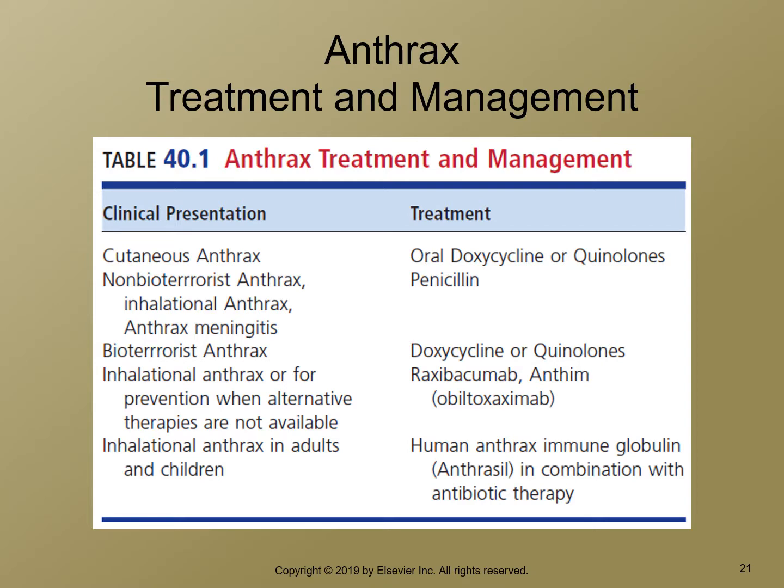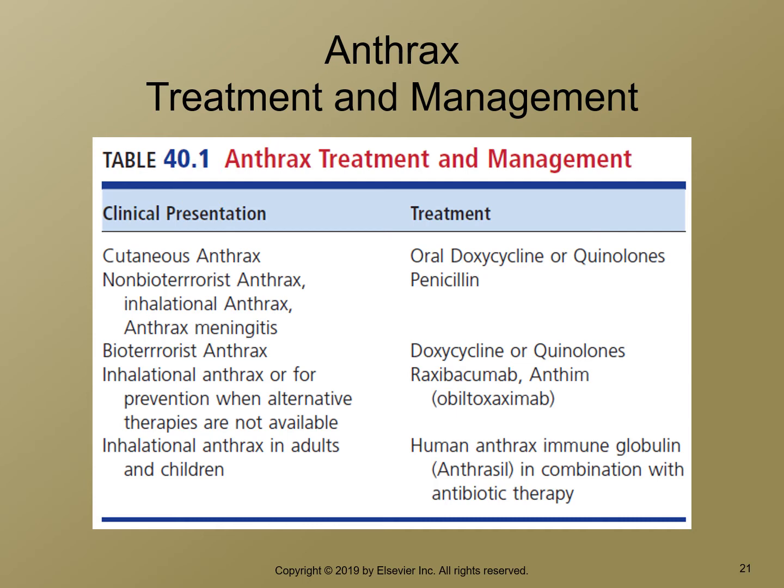Before we look at the various treatment options, first, working up of potential anthrax includes several approaches to be considered. So depending on the patient's clinical presentation, gram stain, blood cultures, ELISA, chest radiograph, CT, and lumbar puncture might be performed.